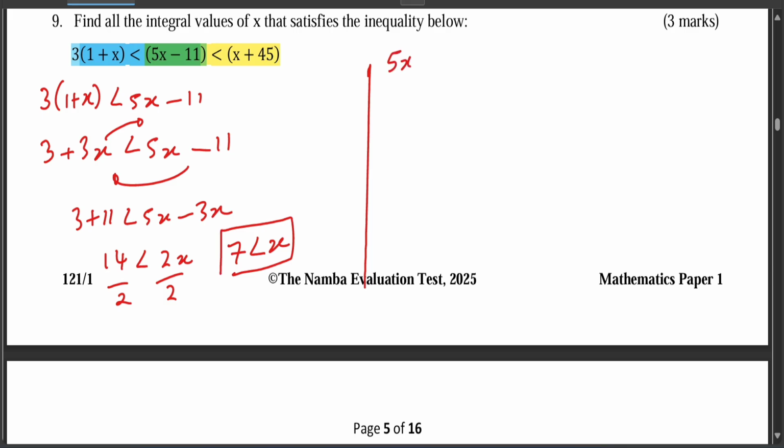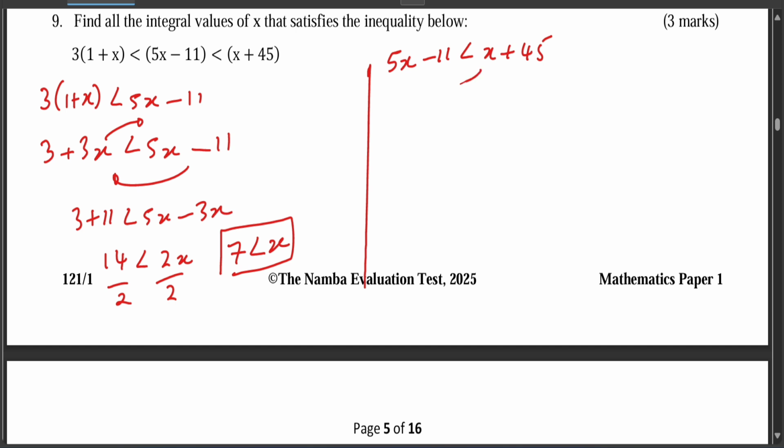Let's go to the other inequality, which is this one. Many students have a habit of doing this the other way, which is very wrong. You're not supposed to do that. So 5x minus 11 less than x plus 45. Collect the like terms again.